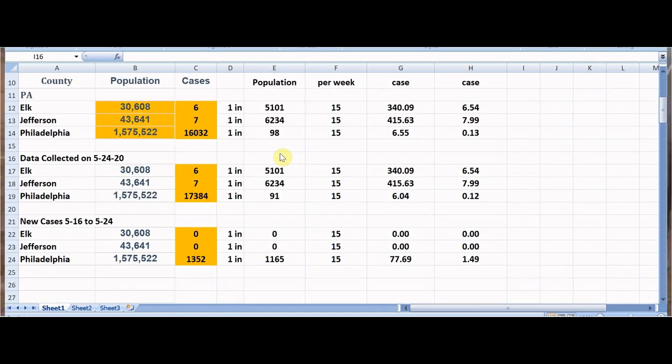I don't have a written record of the number of cases in Elk and Jefferson counties before 5/16. All I can say is from my memory that these numbers have been consistent for the past several weeks. With that in mind, we can say that these two counties have not had any new cases for the last 2 weeks of the contagion period.